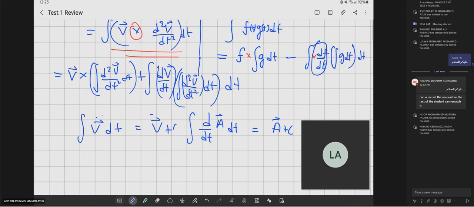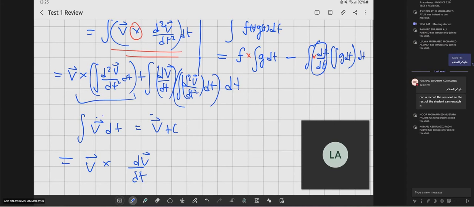Same thing here. We have a constant here. So this is this part of the integral. So I'll have v cross dv by dt. This is what we got here plus c.